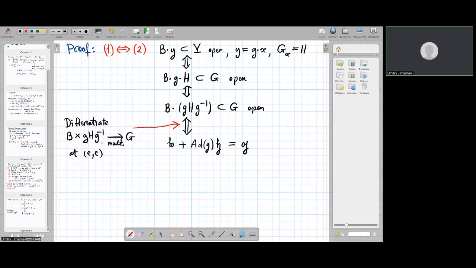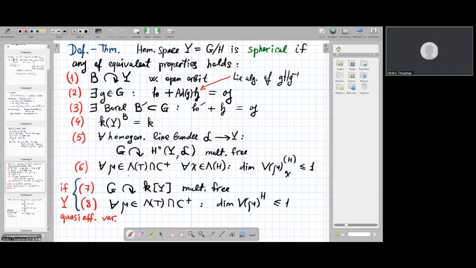Now we have proved that the first and second conditions are equivalent. As for the third condition, why is it equivalent to the second one? Well, it is almost obvious. Let me switch to the previous slide. So look at the equality in the second condition and apply the adjoint action of G inverse.